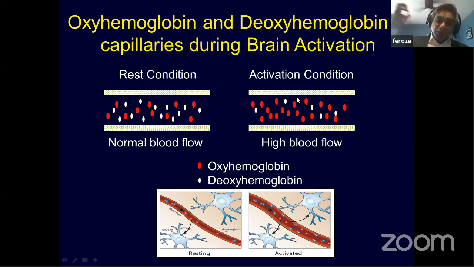However, when I ask you to move your hand, there is a demand for blood flow, and CMRO2 and CMR glucose increase. There is increased blood flow and decreased deoxyhemoglobin. So with decreased deoxyhemoglobin, if you do a GRE image, your T2 star image shows brighter, right?